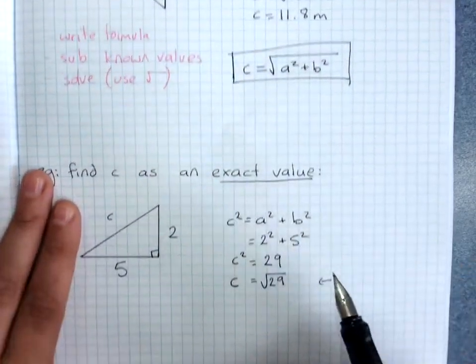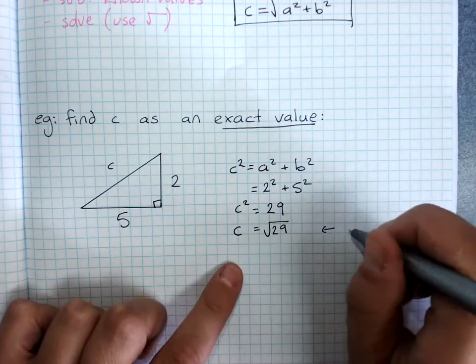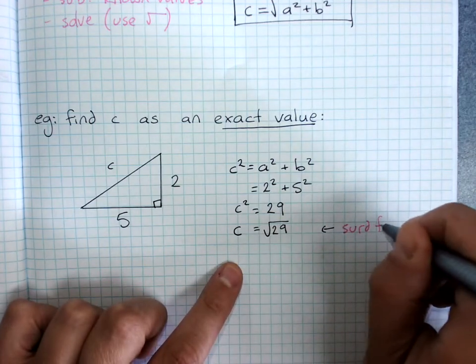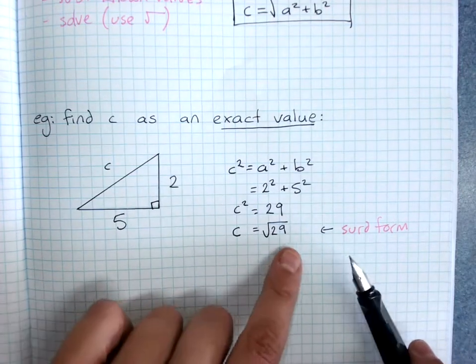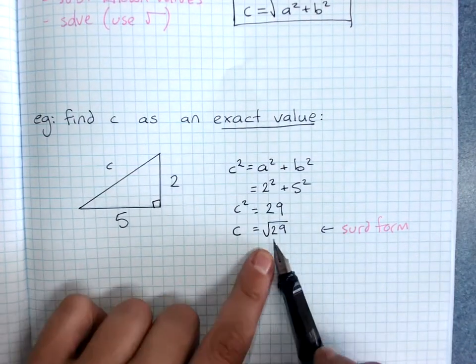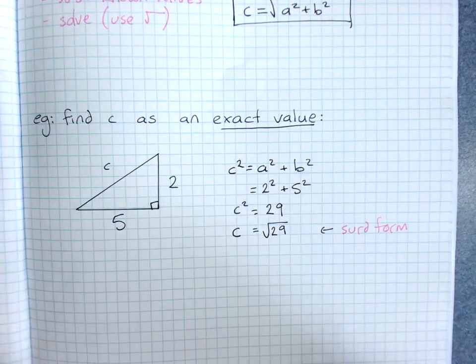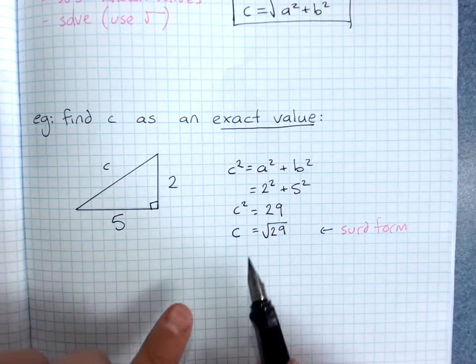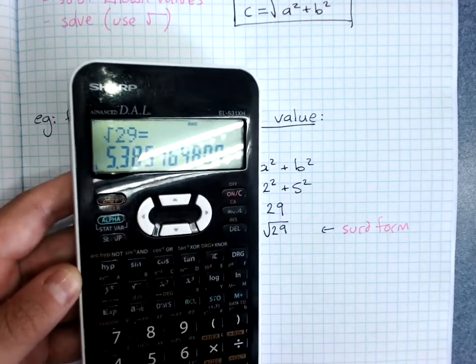What you do is leave it in what's called surd form. Now this is only left as a square root, as a surd, if it is in fact going to end up as an irrational number that keeps going forever and ever.